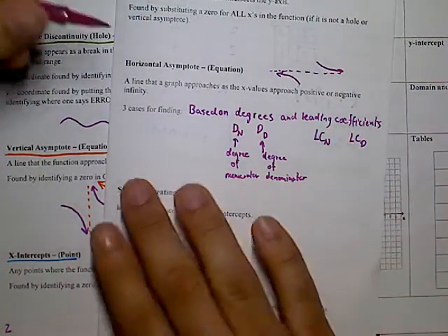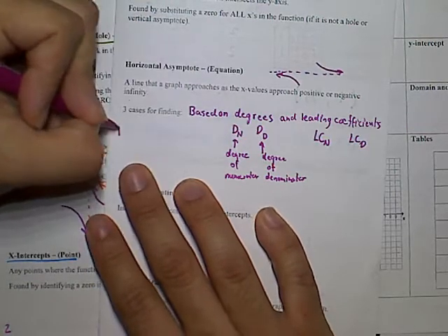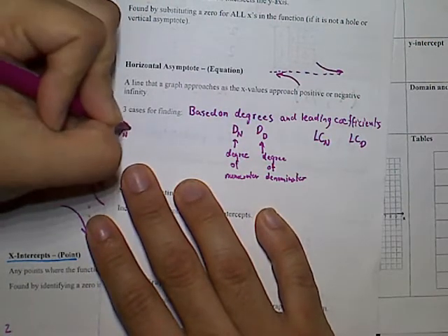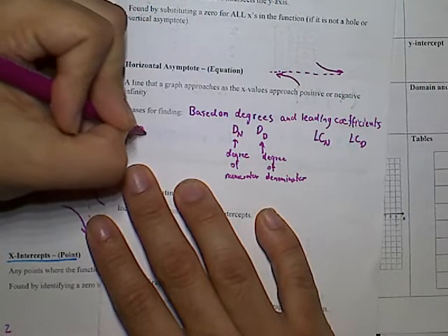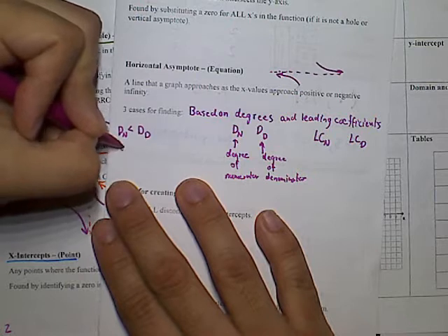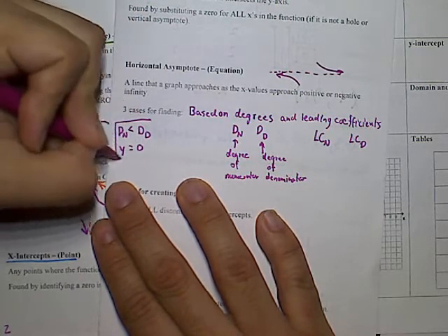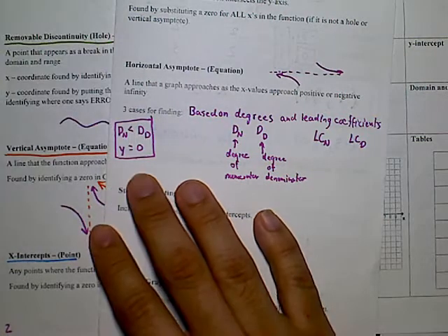Now, there are 3 cases where I compare the degrees. If the degree of the numerator is less than the degree of the denominator, the horizontal asymptote has the equation y equals 0. I'm going to put a box around that so that way we can find it easily.